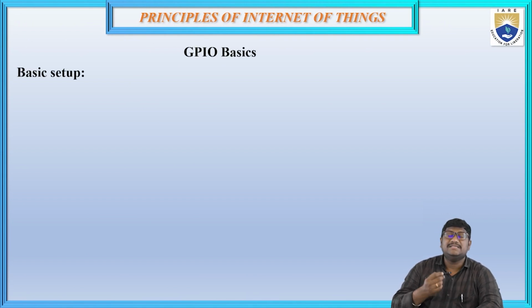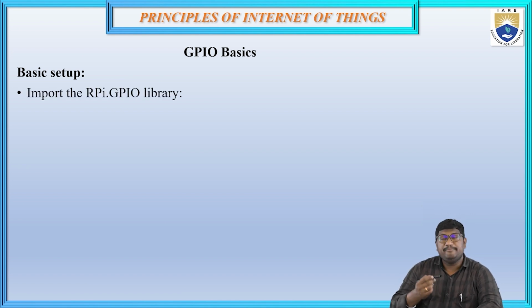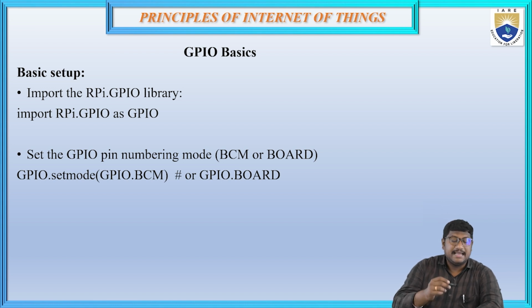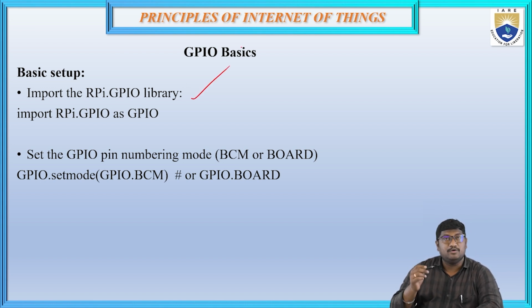Now I will show you a basic setup of these GPIO pins. Here, for initialization of the GPIO pins, this is the sample program which I am letting you know. First, whenever you want to import a specific library, here I'll show you: this is the Raspberry Pi GPIO library.